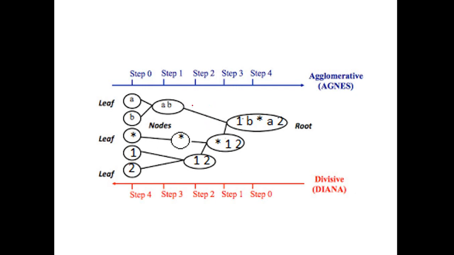AB continues to the root cluster, and the special character and 1, 2 are merged into another cluster. Finally, AB, star, 1, 2 are merged into a single cluster. So here the main objective is grouping the elements in a text into numbers, special characters and alphabets.